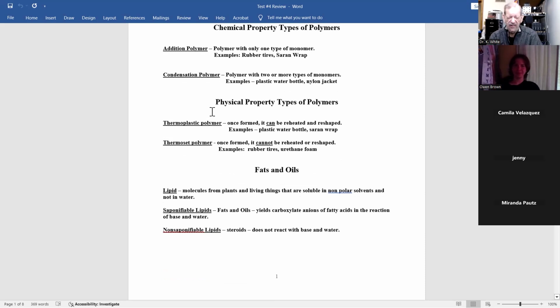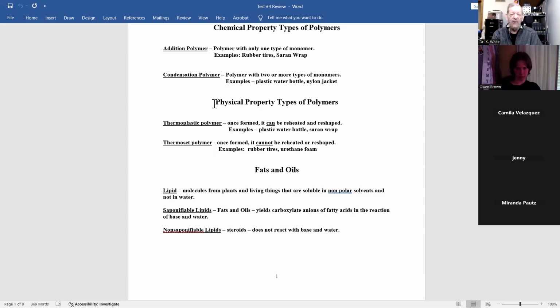All right, the other way of identifying polymers is by physical property. And there are 2 types. A thermoplastic polymer is a polymer that, once formed, can be reheated and reshaped. An example would be my plastic water bottle.